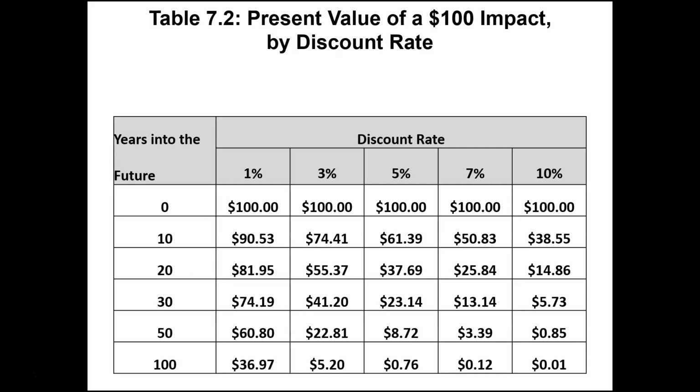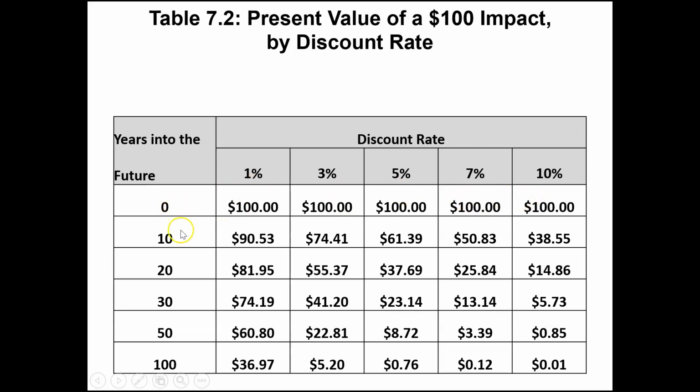So then you have these examples of how important it is. How important is that discount rate? If we decided the discount rate is 1%, we'd get a very different number than if that discount rate is 10%, right? So this table shows the future value of $100 given to us today, right? So 0 years into the future. So right now, that $100 is worth exactly $100, regardless of what the discount rate is.